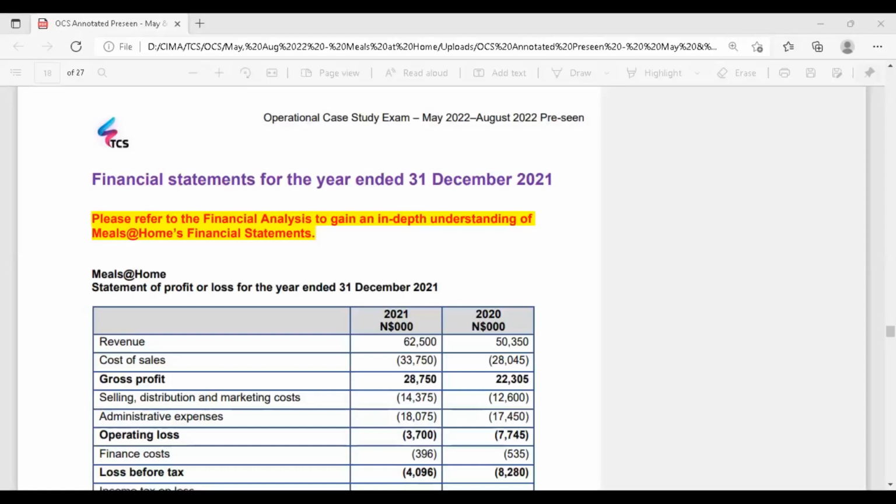In order to pass the operational case study, you need to know your pre-scene. However, on the other hand, you need to understand answering technique. So it's of utmost importance that you attend next week's webinar. I would suggest you attend the live webinar if possible, because then you can raise your concerns and I can address all your questions.